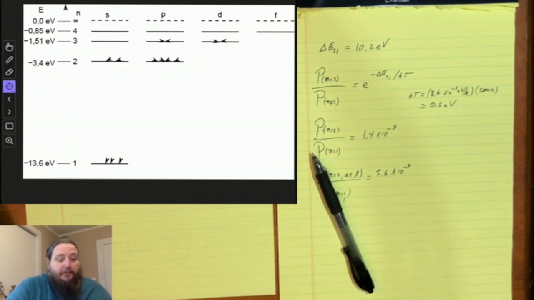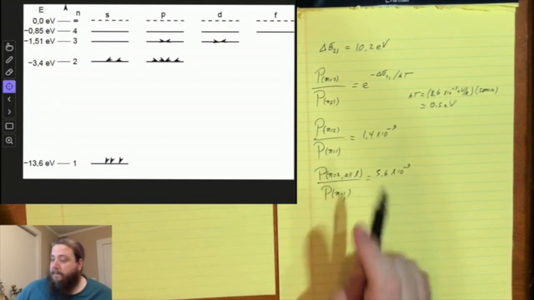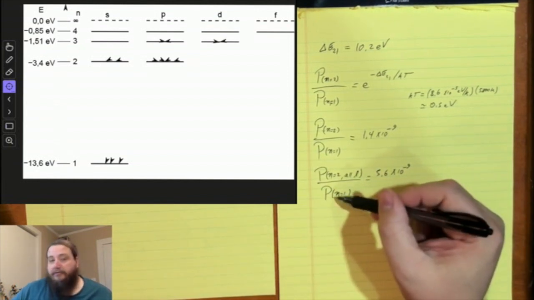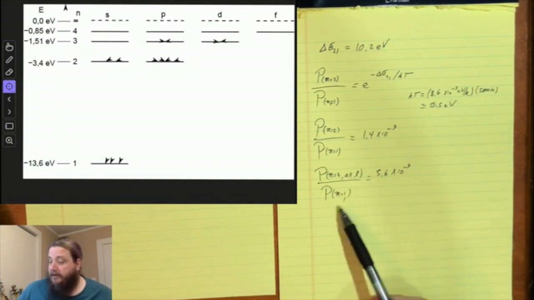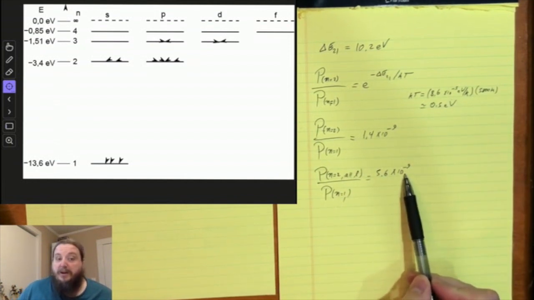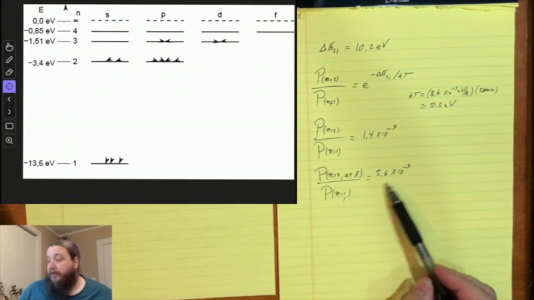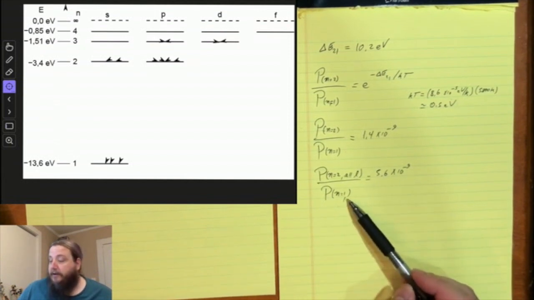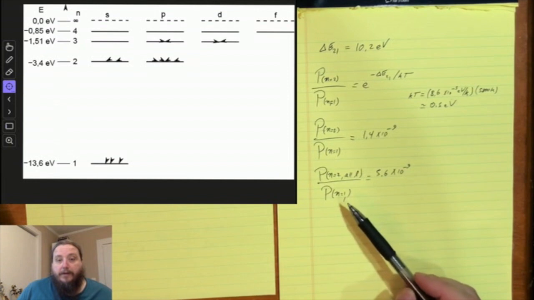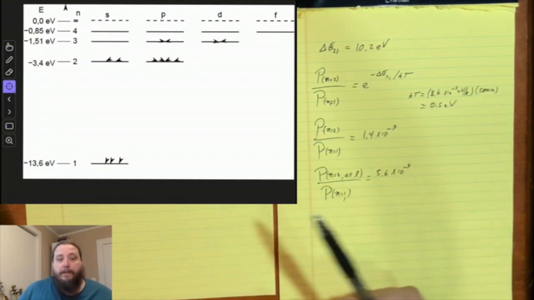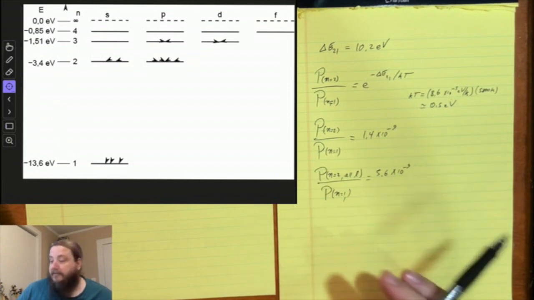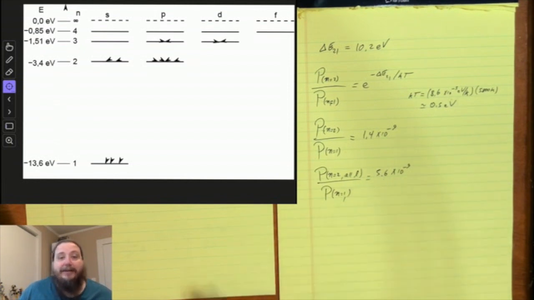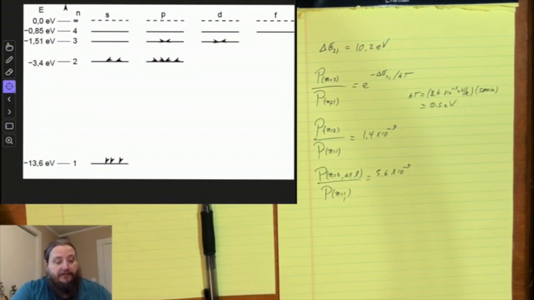These occupation probabilities mean that most of the hydrogen atoms in the surface of our sun, by a factor of nearly 1 in a billion, or a few in a billion, are going to be in the ground state. So only a tiny handful of them are going to be in that first excited state.